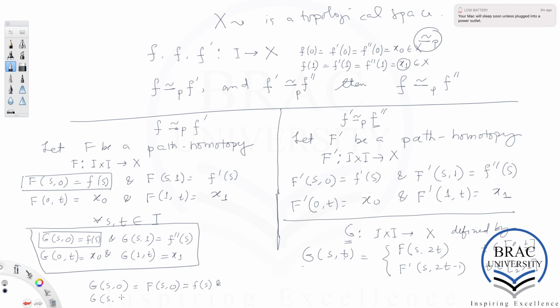G of s comma 1, see that from the definition you have to apply this formula since t is 1.